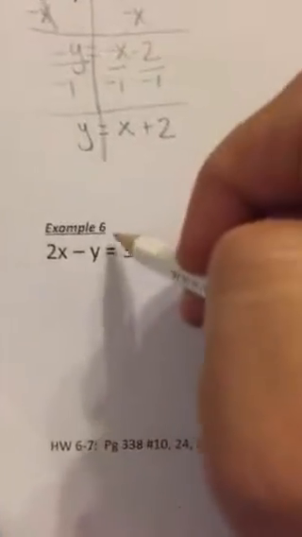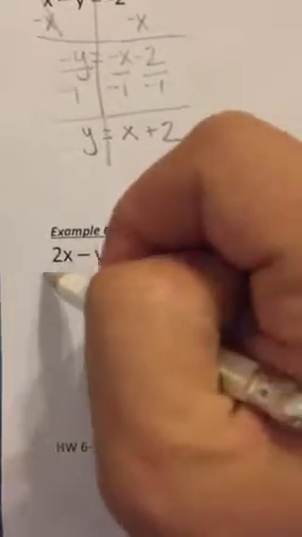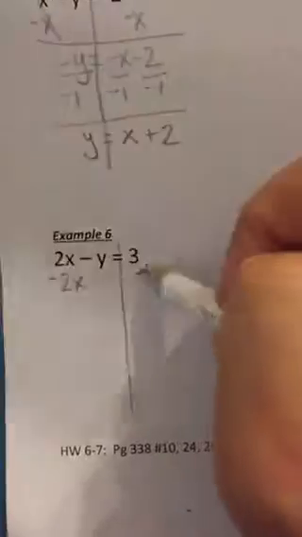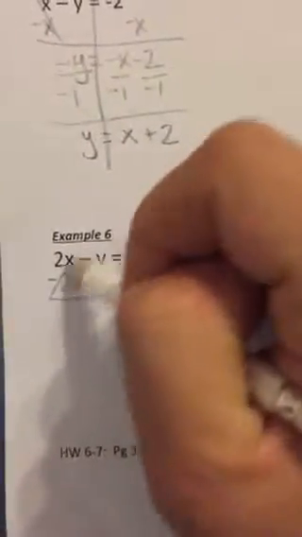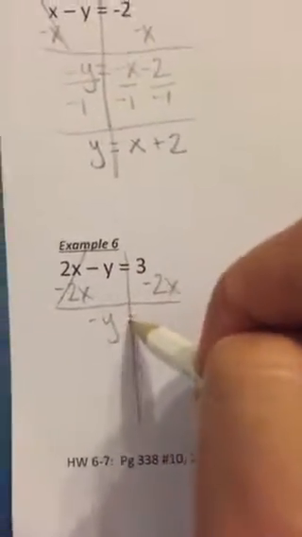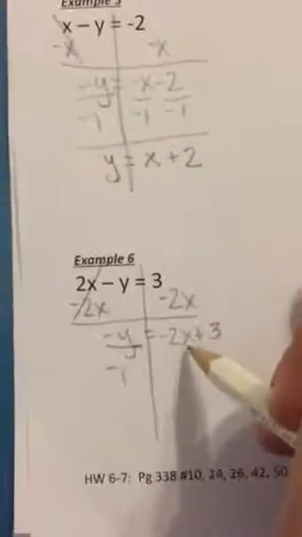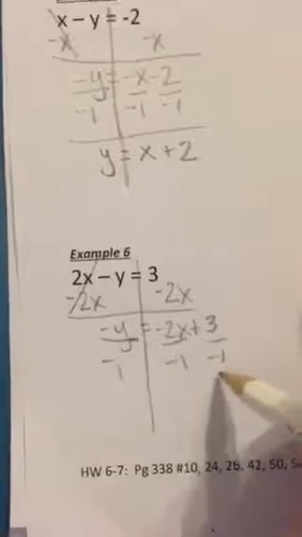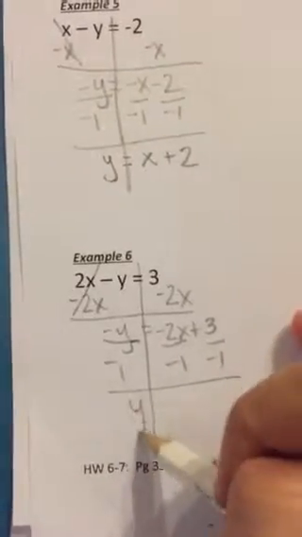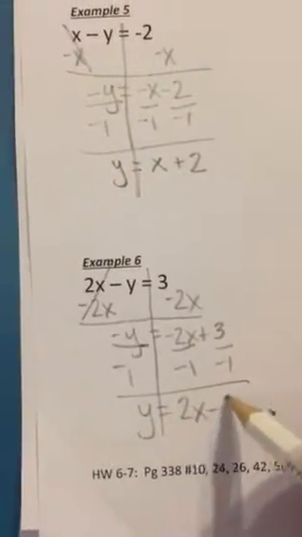And then for example 6, I'll subtract 2x from both sides. So negative y equals negative 2x plus 3. Divide everything by negative 1 since it has a negative sign in front of it. So y equals 2x minus 3 is what I would get there. So start on negative 3.